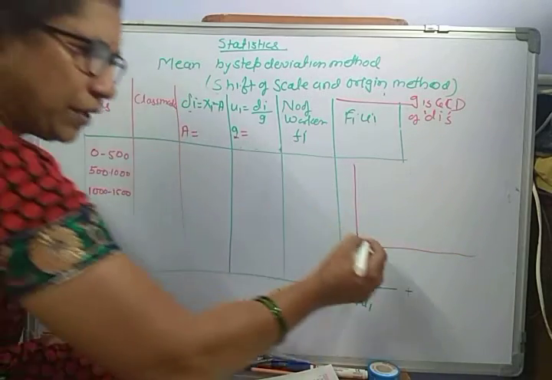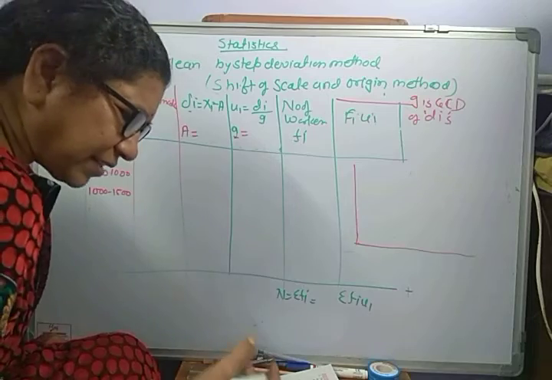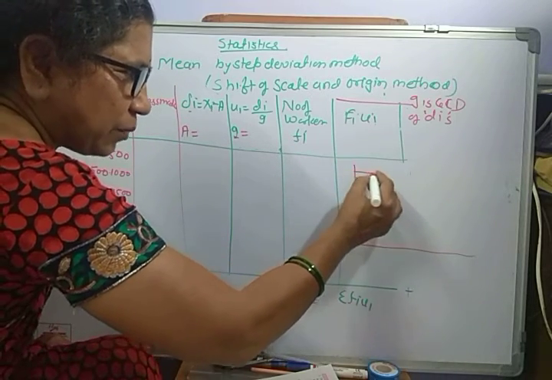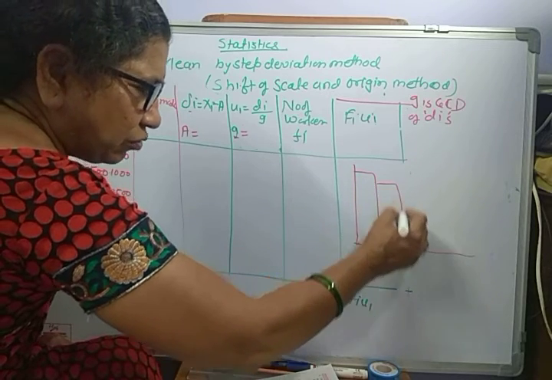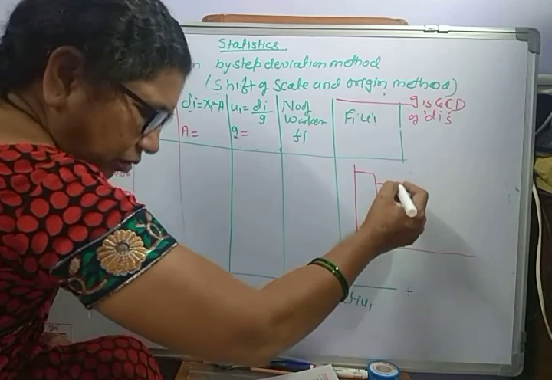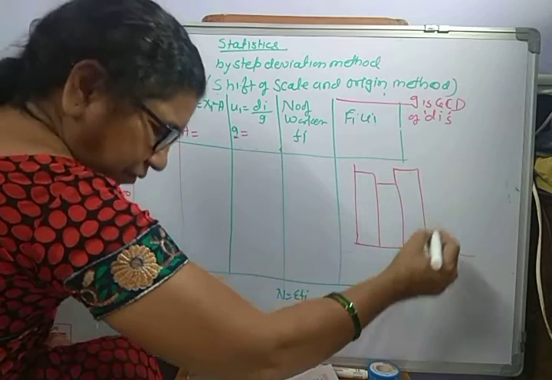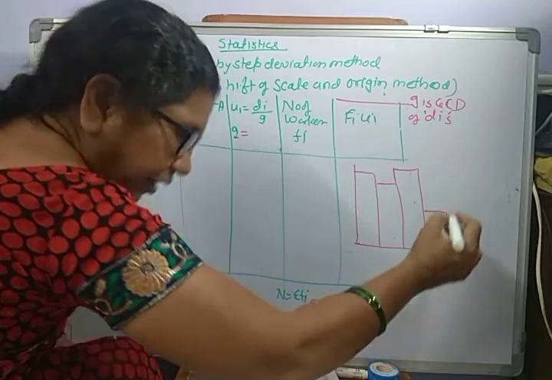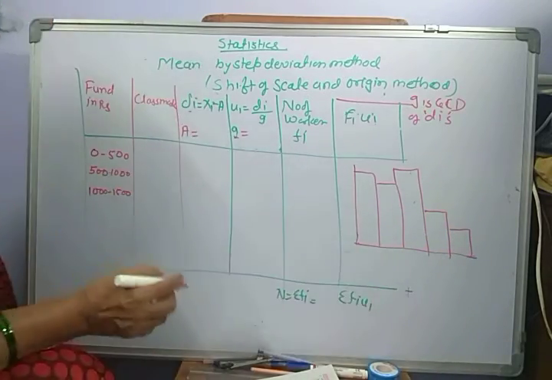Okay, a big graph will be there. So 0 to 500 is starting, and whatever frequencies are there, 35, 28, etc. So this type of graph will be there: 0 to 500, 500 to 1000, 1000 to 1500. After that again 15 and again 10. Such a type of graph. And these numbers are big.